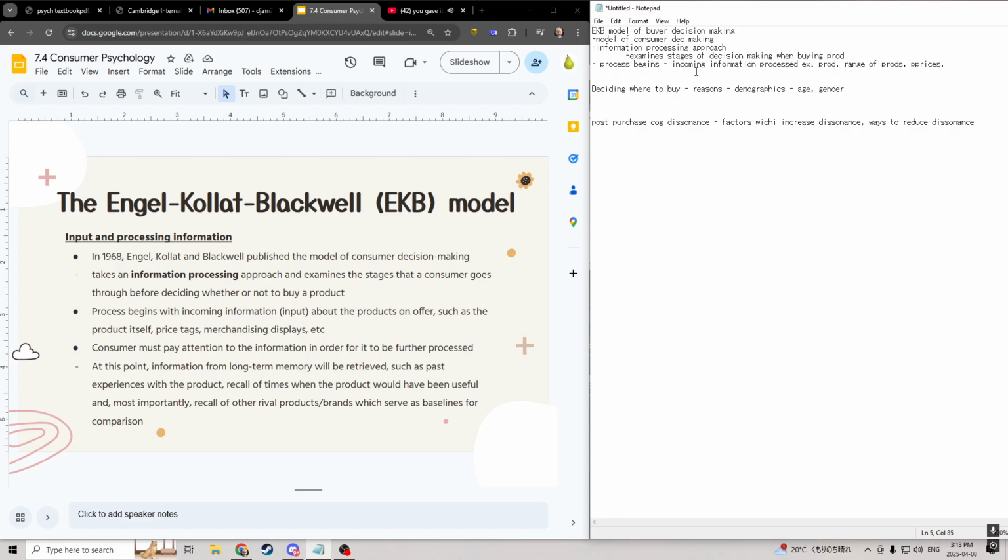Prices. Sorry, my typing is not very crisp currently. Prices. Merchandise. Let's say displays. Displays, etc. This seems redundant. Consumer must pay attention to the information in order for it to be further processed. Pretty redundant.